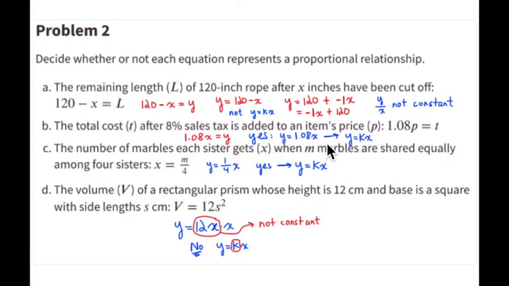So no matter what the price of the item is, the total cost compared to the price, t divided by p, or y divided by x, is going to be 1 and 8/100ths. It's going to be a constant amount. It's going to be a proportional amount.